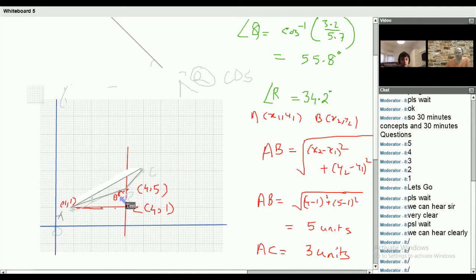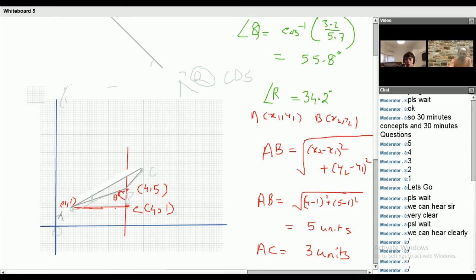Now the question is, how are we supposed to find this angle theta? What do you think? We can use cos, I guess.